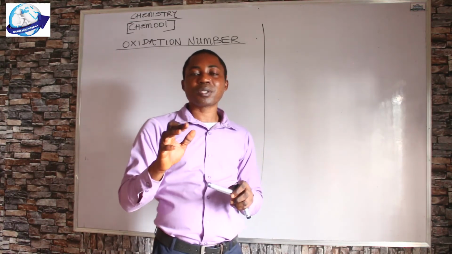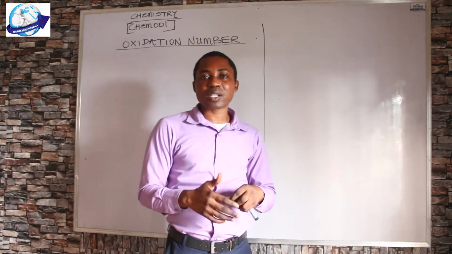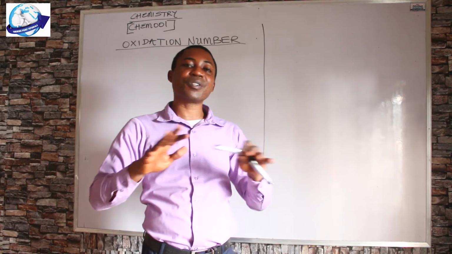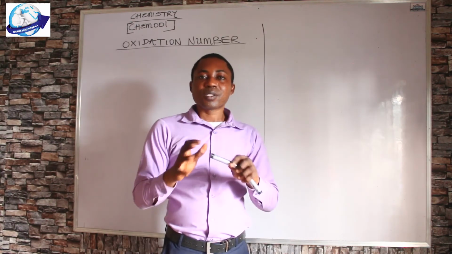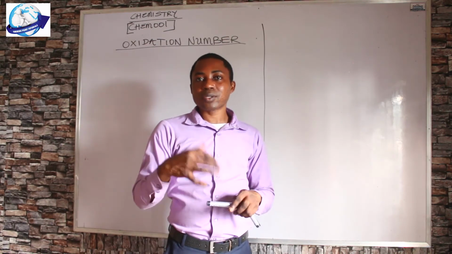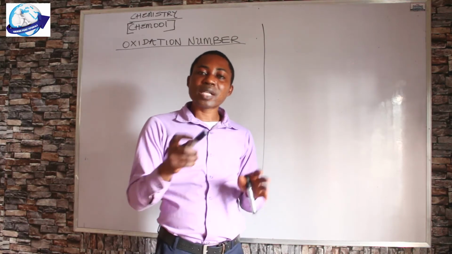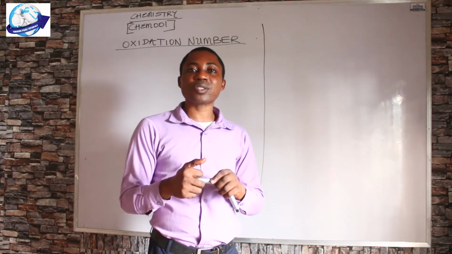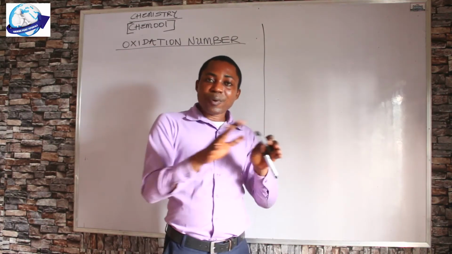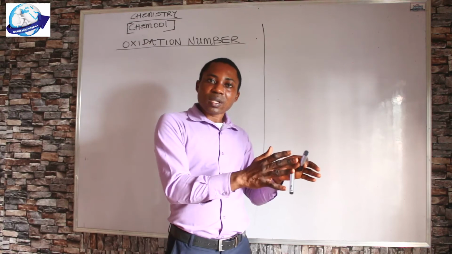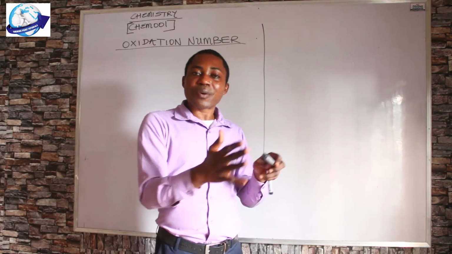But let me just make you understand right here, when we are done with these rules, the next thing we do in the next class is to answer various types of questions on the calculation of oxidation number, as well as how to distinguish oxidizing agent and reducing agent in a reaction, and how to understand which reaction is not a redox reaction, and then how to know the ones that are redox reactions.